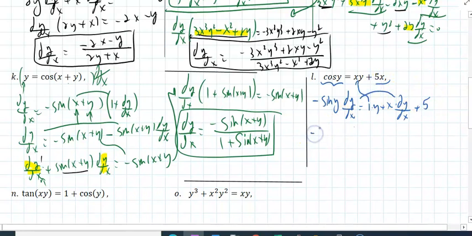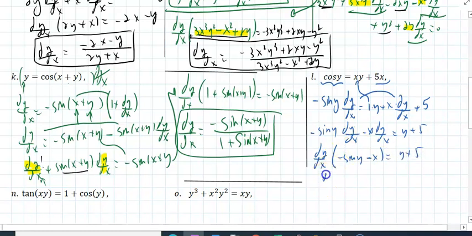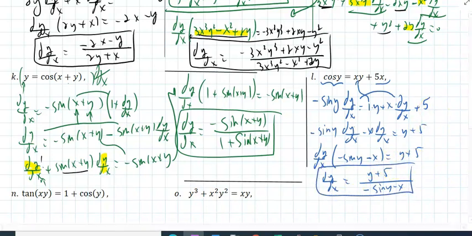Get the dy/dx on one side. Factor dy/dx out. And dy/dx would be y plus 5 divided by negative sine of y minus x. You could factor a negative out of the denominator if you want, but it's the same thing.